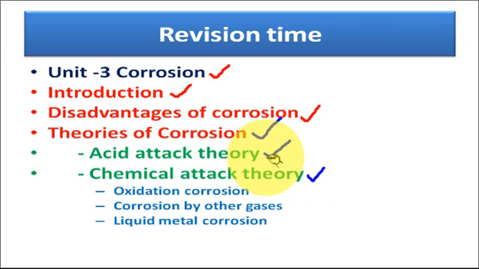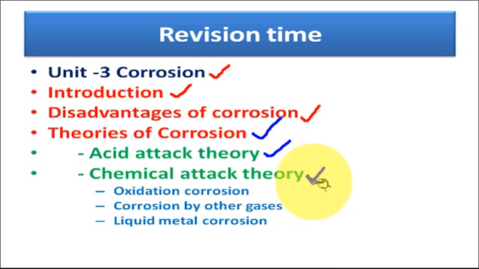In acid attack theory, we have learned that acids are considered the main cause of corrosion, and these acids are present in the surrounding of the metallic environment due to the presence of moisture, and this moisture reacts with the acidic oxide gases in the environment. The main drawback of this acid attack theory is that in absence of moisture it cannot explain the corrosion.